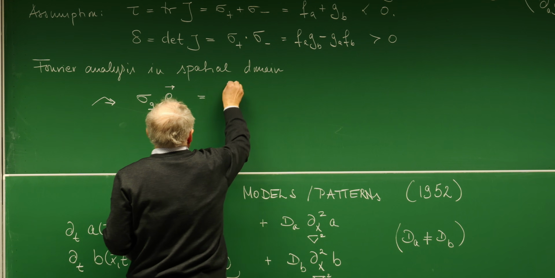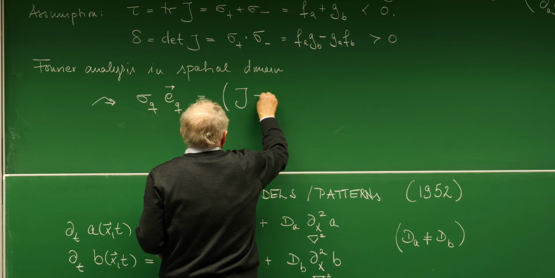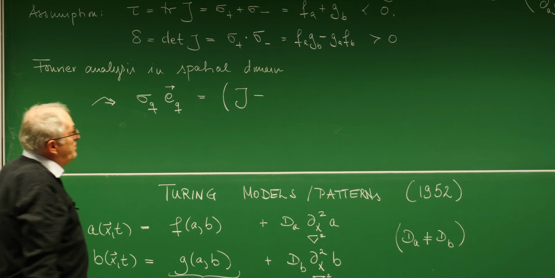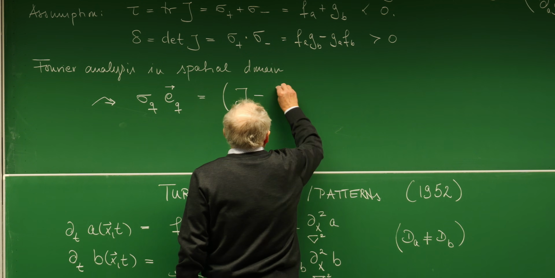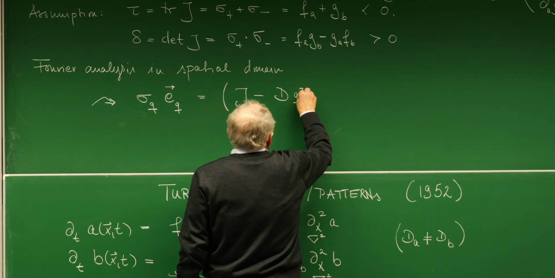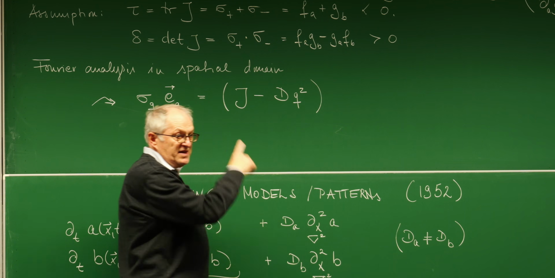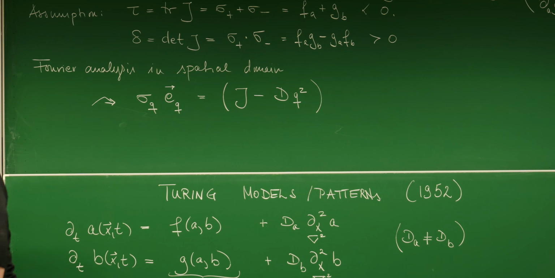This is then a very trivial generalization. You have the Jacobian, and from taking the Fourier transform of our Laplacian, we get minus Dq squared. So basically a diagonal dA q squared, and the other diagonal term dB q squared.